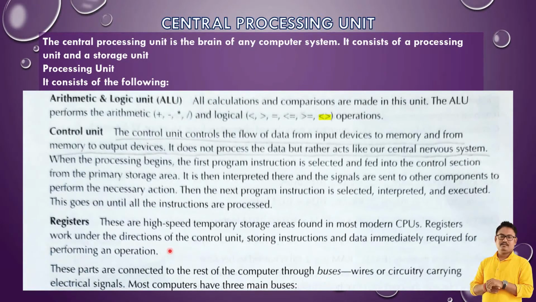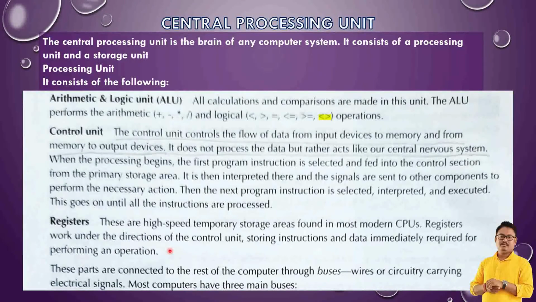So they store the instructions, and the immediately required operation is performed using the registers. These parts are connected to the rest of the computer through buses. What are buses? Buses are wires or circuitry carrying electrical signals.